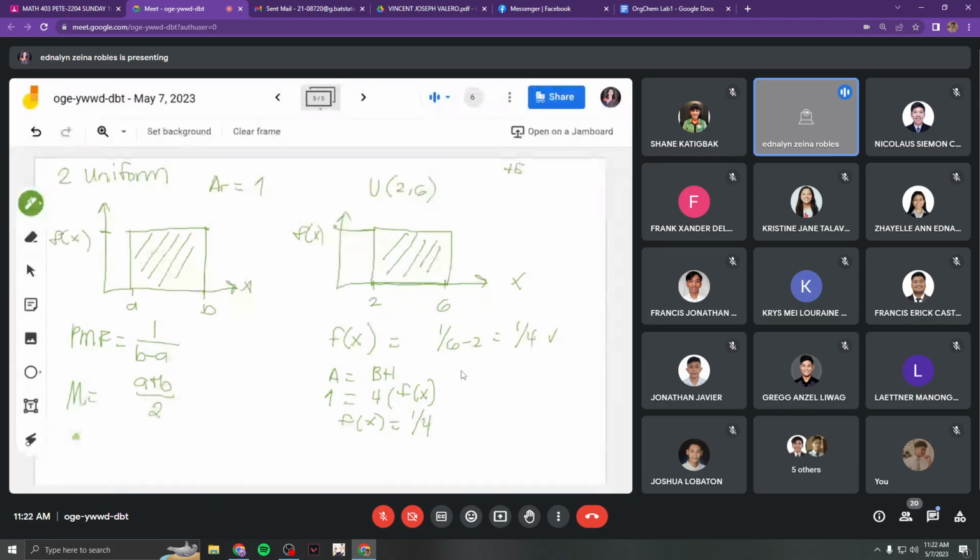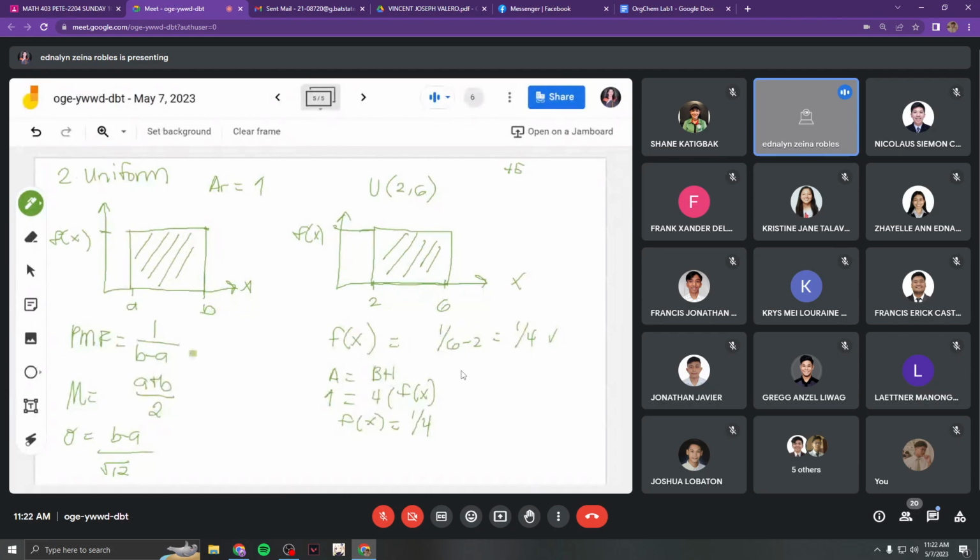And if we want to get the standard deviation, it is b minus a all over square root of 12, sorry.